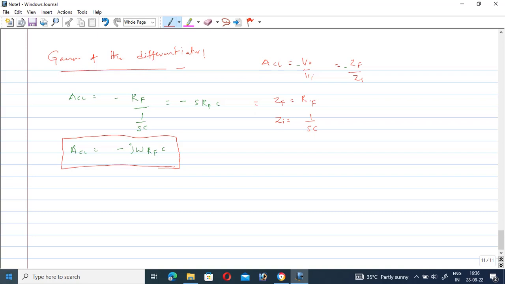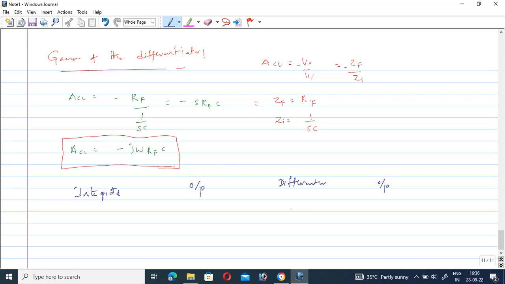At the same time, you have to see some differences. Let us compare the differentiator output and the integrator output.